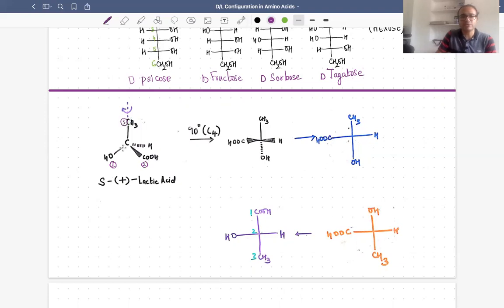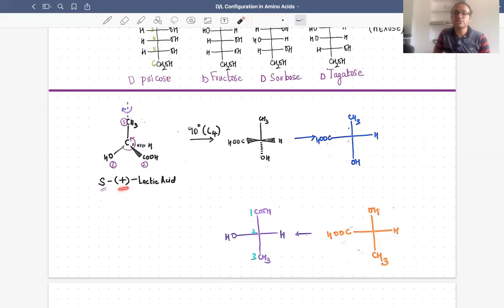So when you go from 1 to 2 to 3, it is anti-clockwise, and therefore this is the correct absolute configuration, that is S.